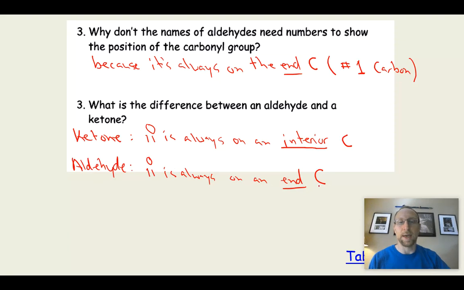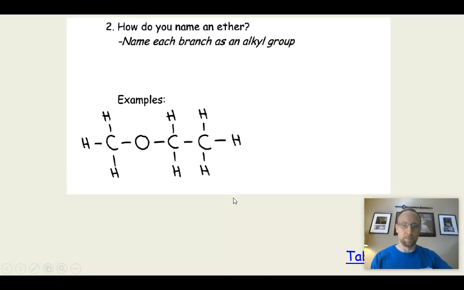But remember, there could be more than one interior carbons, so that's why you still need a number for the ketones. So a good way to remember this is think of the alphabet. Whoa.